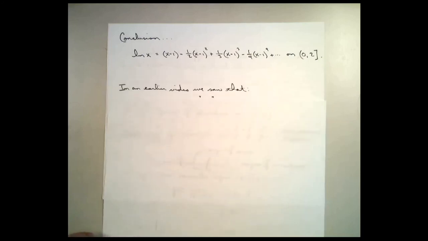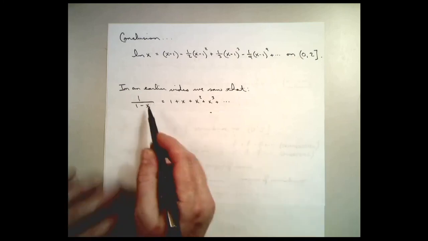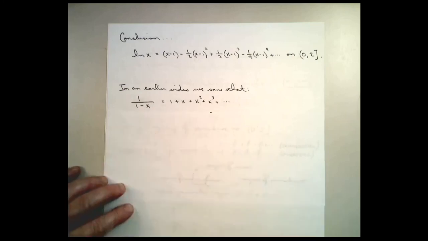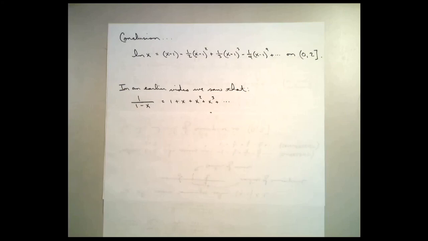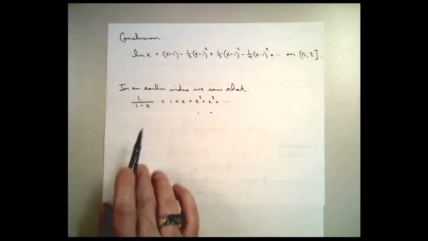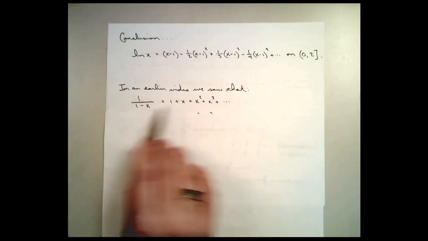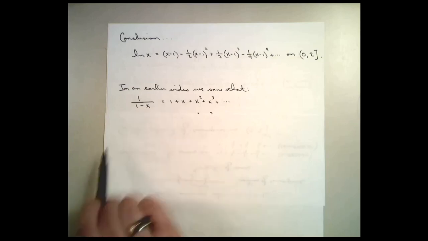In an earlier video, you may remember, we took the geometric series, which we know converges to 1 over 1 minus x. We modified it slightly by replacing all of the x's on both sides with negative x's.